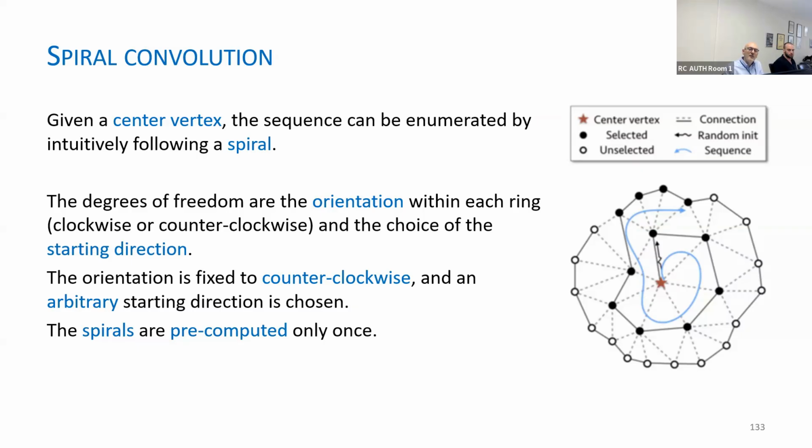And if you take one of these points in the first ring, you can go, for example, in this case, in the clockwise manner, but you can, of course, select the counterclockwise. You can order the vertices. So, apart from the choice of the first one, once you have chosen one starting point, you can then order the other points. And this is what we need again to perform convolution.